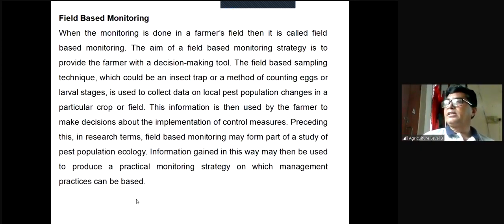And here the farmers will be involved to work, they will actually do everything, but the scientist or the experts will provide the information.